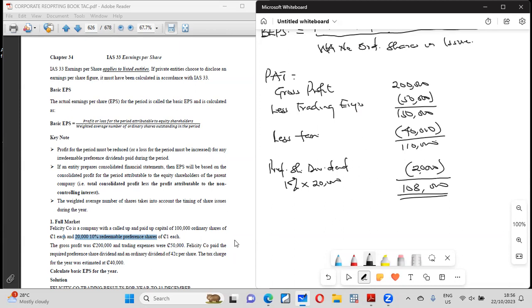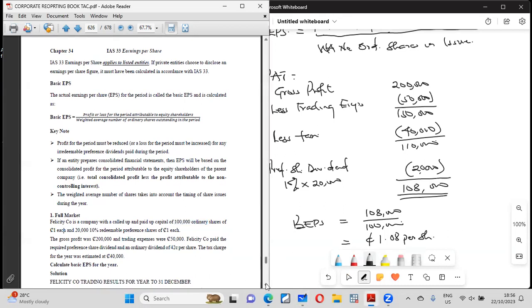So, after preferential dividends, we are told that they have 100,000 ordinary shares. So our basic earnings per share will therefore be given by 108 all over 100,000. And that gives us 1.08 cedis per share.